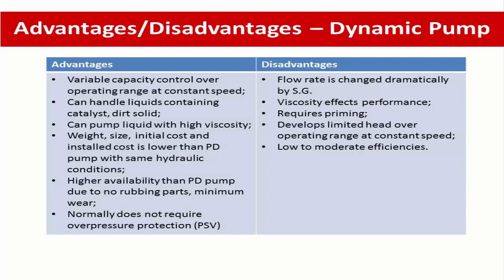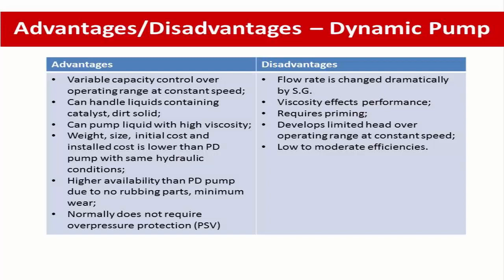With the same size, initial cost and installation cost are lower than the positive displacement pump under the same hydraulic conditions. Higher availability than the positive displacement pump due to no rubbing parts and minimum wear. Normally does not require overpressure protection such as a PSV.